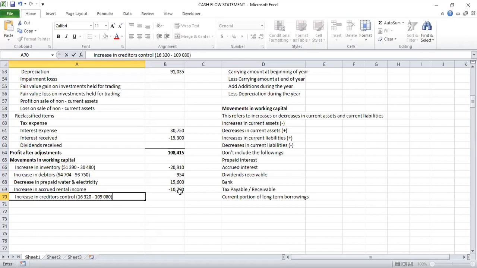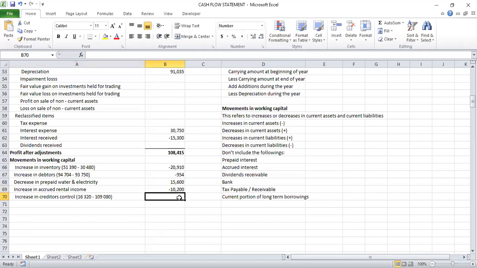What do you get? It's a plus when a liability goes up. Remember, an increase in current liability is a plus. That means we're funded by our creditors.